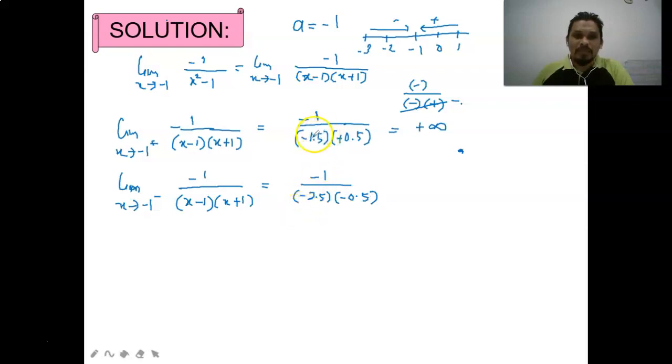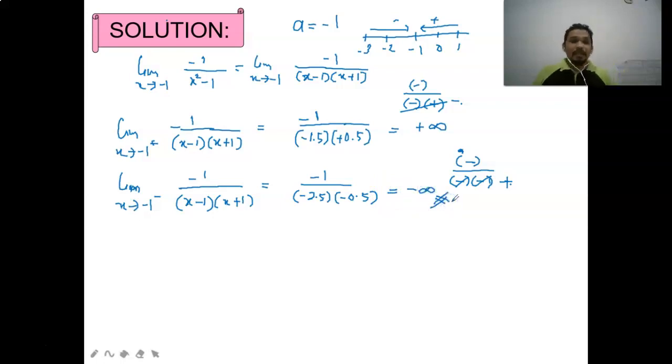It's not that we substitute the value just like this, but we can just imagine whether the value is positive or negative, and what the final answer is going to be. So now it's negative divided by negative divided by negative. Negative multiplied with negative gives us positive, and positive divided by negative is negative infinity.